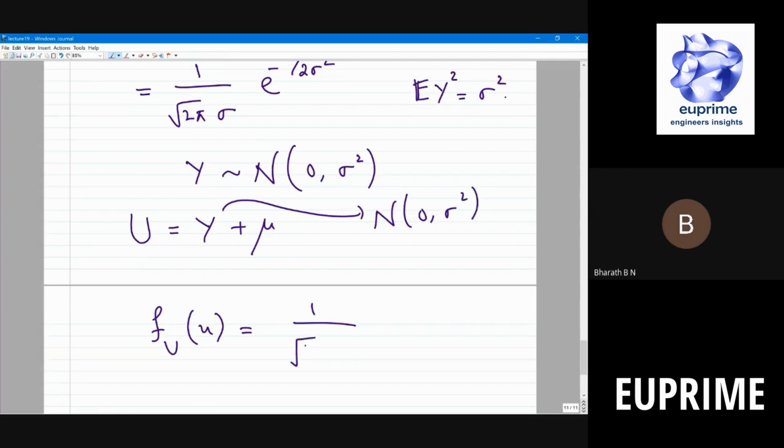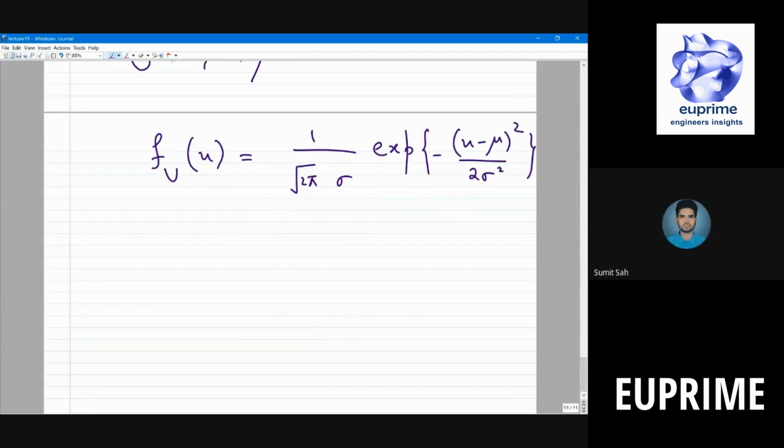So this will be 1 by root 2 pi sigma times the exponential of minus (u minus mu) whole squared by 2 sigma squared. What is mu called? Mean, right? So the expected value of u will be mu. Is this fine? It's quite simple, right?